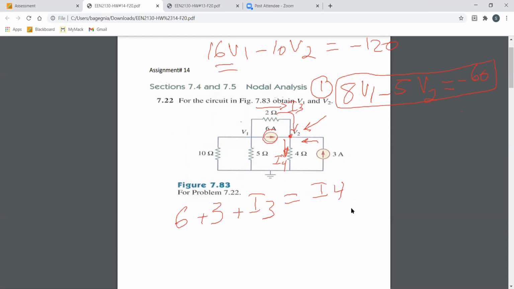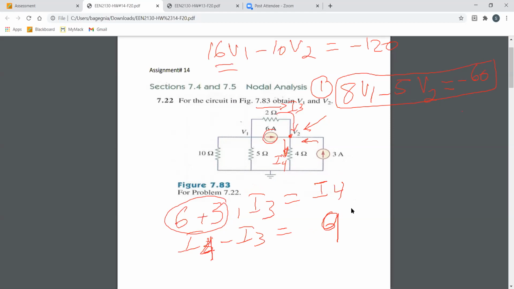It's up to you to move the numbers to one side and variables to the other side. For people that don't like the minus sign with the 9, I keep the 9 here and move the I3 to the other side with the I4, so it will be I4 minus I3.